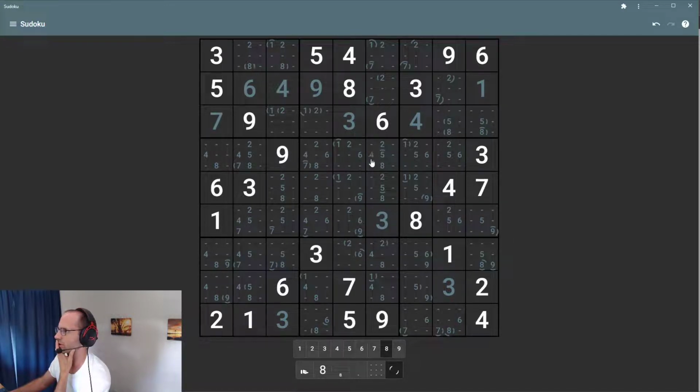Yeah, I don't remember exactly, but I didn't see that breaking anything open for us. That was a 2. Oh yeah, not the 2. So this was just 4, 7, 4, 7, 8, 4, 5, 8. So we're left with this sort of small rectangle. 4, 5, 7, 8 are left over in these 4 cells.